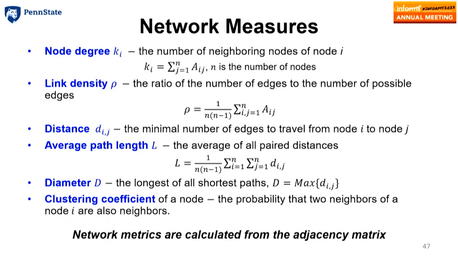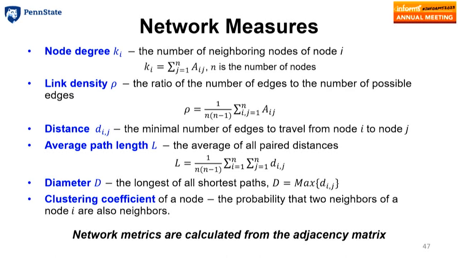Once we have the adjacency matrix A, Aij, we will be able to derive the node degree, Ki. Ki is the number of neighboring nodes of node i. Looking at the adjacency matrix, Ki equals the sum over j of Aij, pretty much one row in the adjacency matrix.